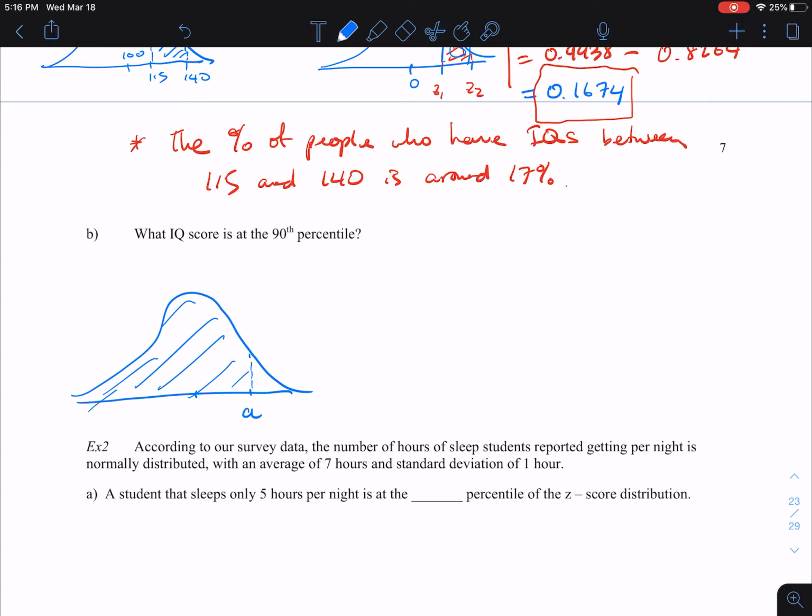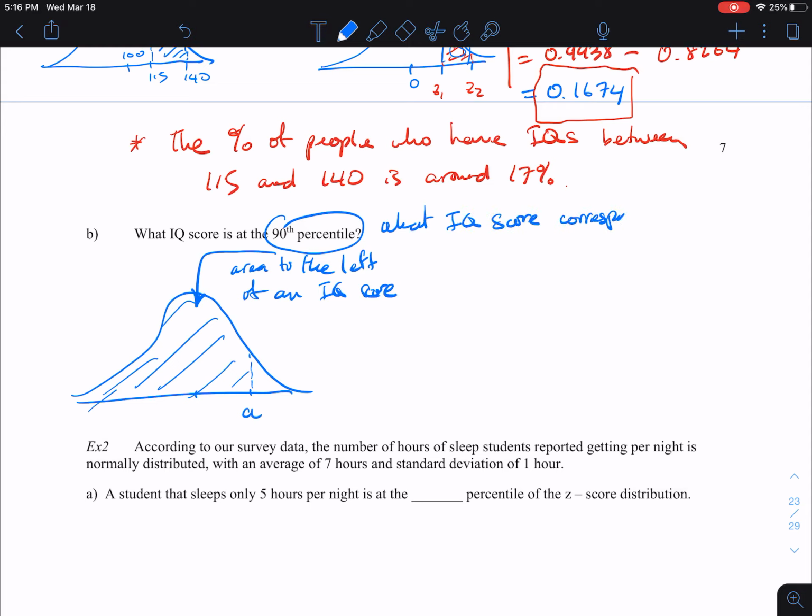The 90th percentile is the same thing as the area to the left of an IQ score. Okay, so we're asking for what IQ score corresponds to the 90th percentile. And that's what we learned a couple chapters ago.